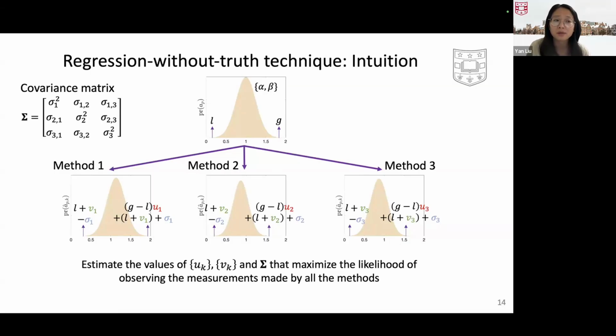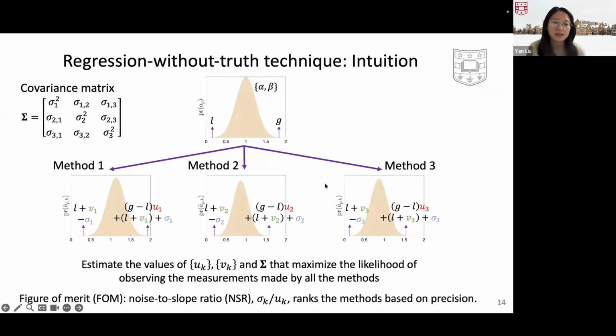So we can also characterize the noise term using a multivariate Gaussian distribution. Now with this, we can estimate the linear relationship parameters using a maximum likelihood estimator without access to the true value. And after this estimation, we can use the noise-to-slope ratio to compare different methods based on precision.